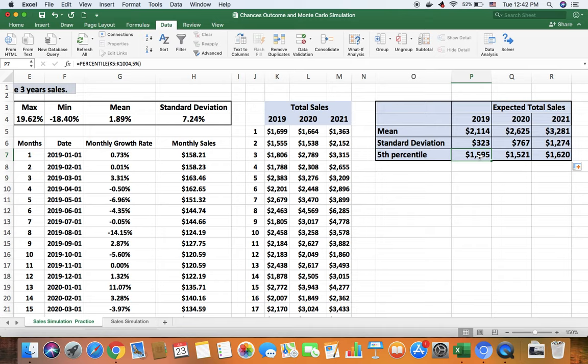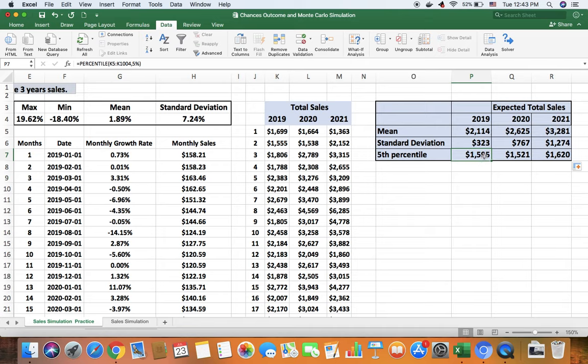We transform this analysis into daily business language. Just say there is a 95% probability that the total sales of 2019 will be greater than this value.